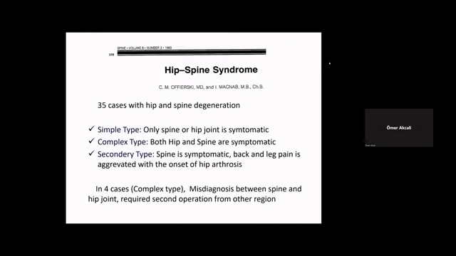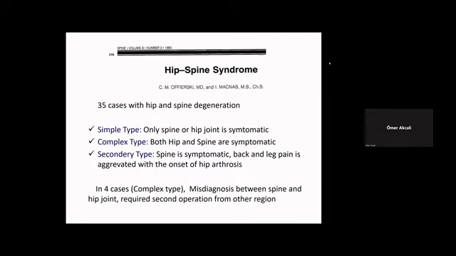This is the first paper which systematically stressed the hip-spine syndrome. It was published in Spine in 1983. The authors found 35 cases in their patient series and divided their patients into 3 categories.